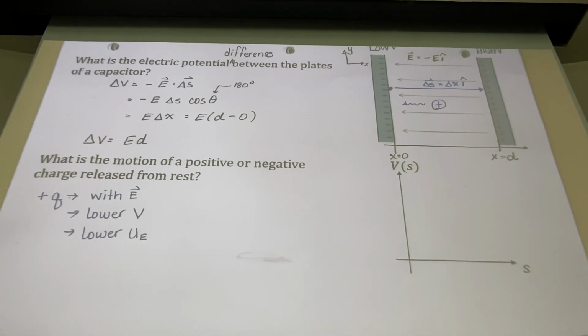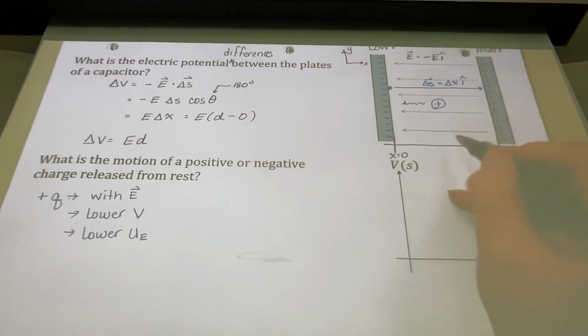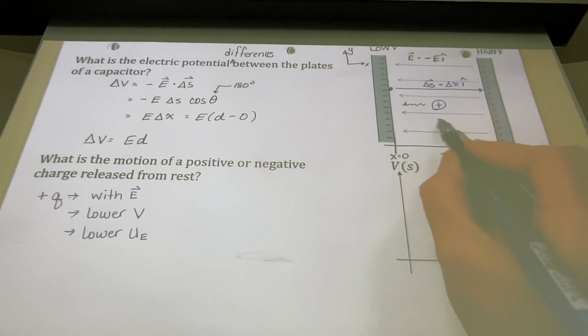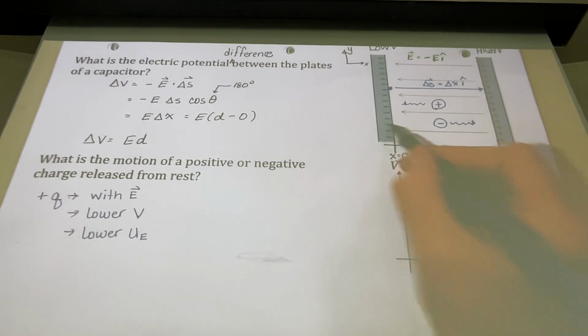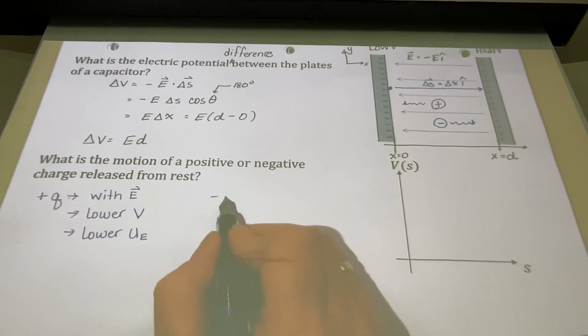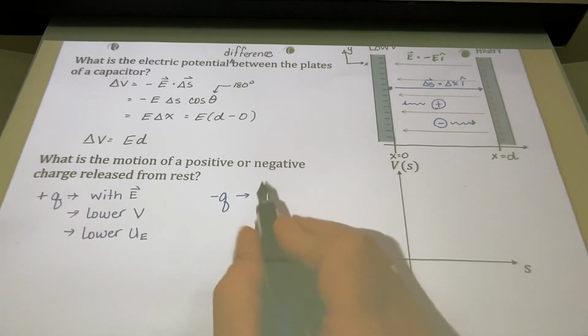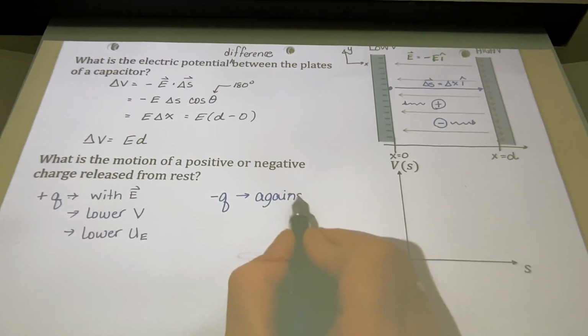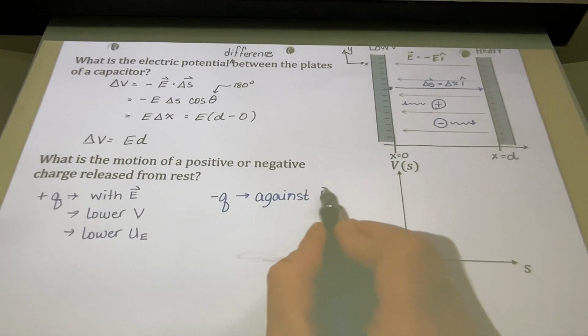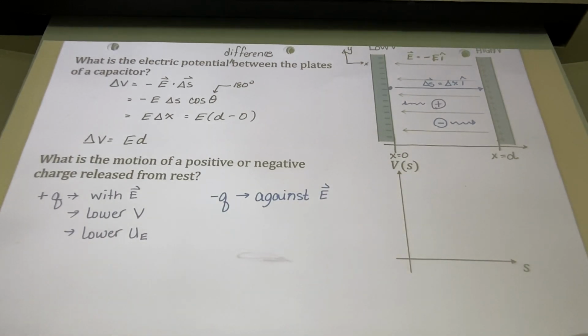Okay, what would happen to a negative charge released in between those plates? So if I had a negative here, it would move this way. It would be attracted to the positive and repelled by the negative. So minus Q will move against the electric field, because that would be the direction of the electric force.